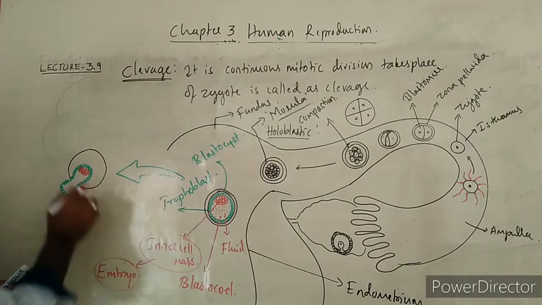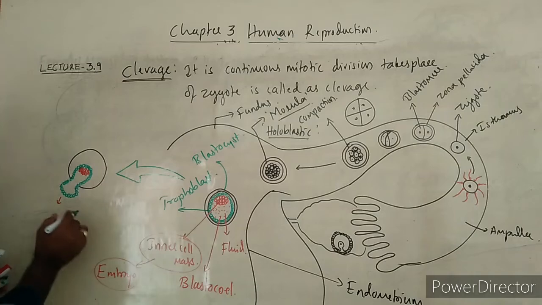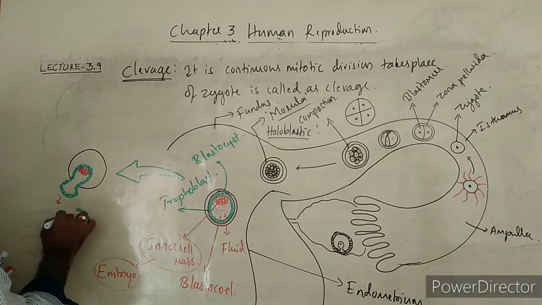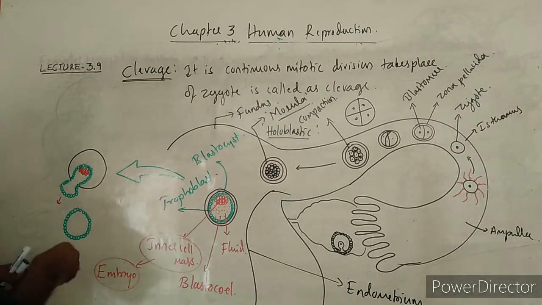This is the inner cell mass. So totally it comes out. When it comes out, it looks like a single-celled cellular envelope, as well as a mass of cells inside called the inner cell mass.